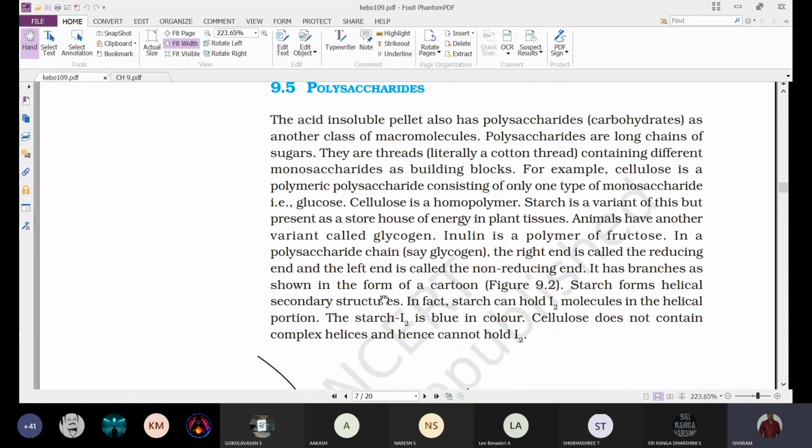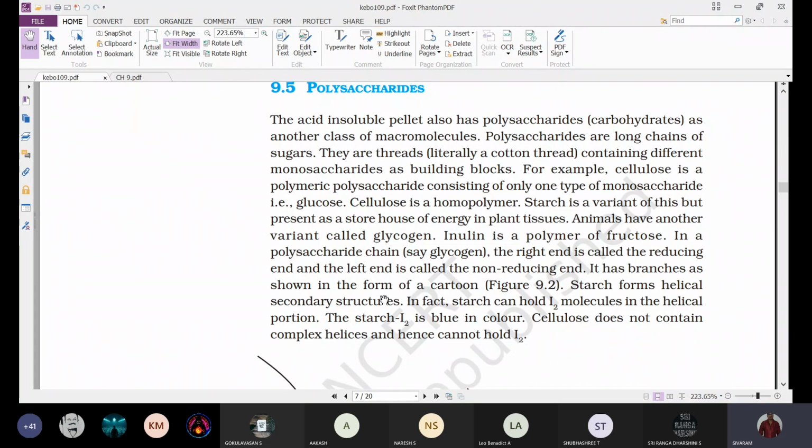So starch is made up of glucose, glycogen is also made up of only one type of monomer, glucose, and cellulose is also a polysaccharide made up of only one type of monomer, glucose.